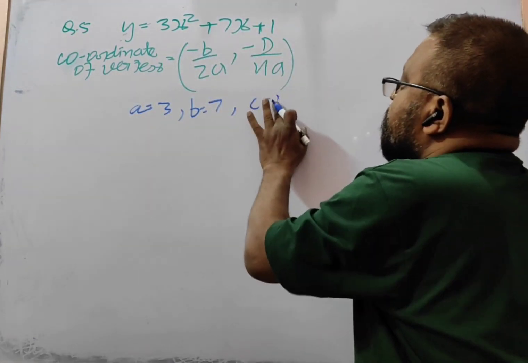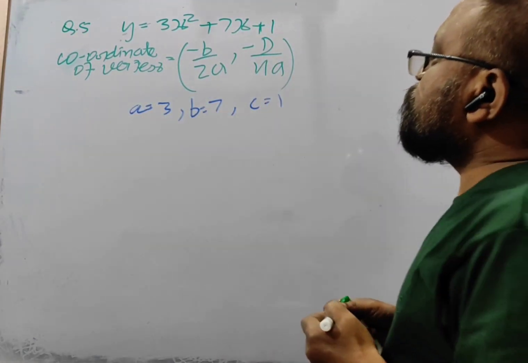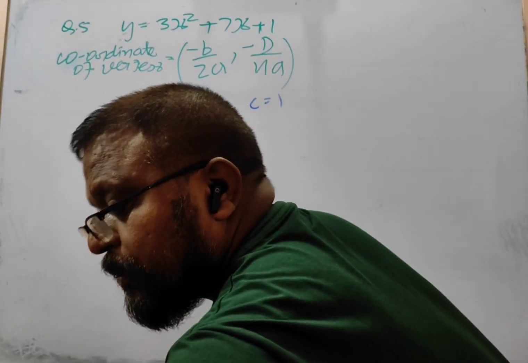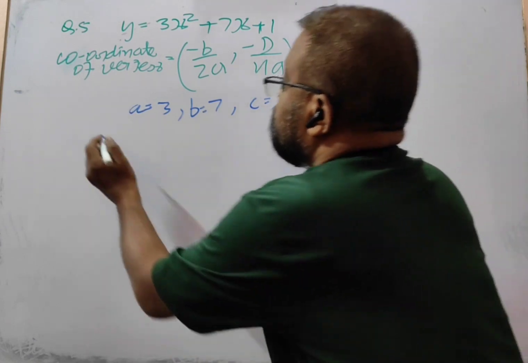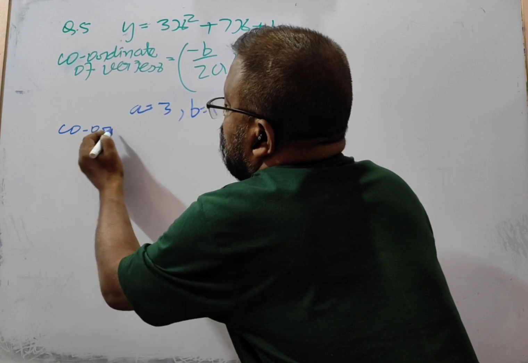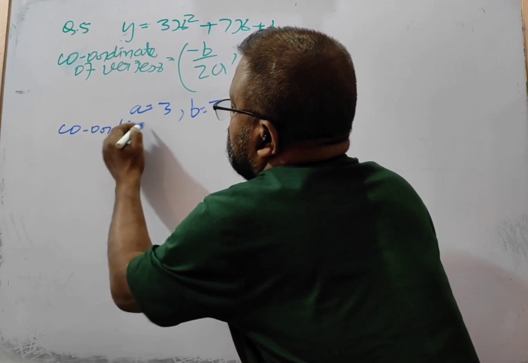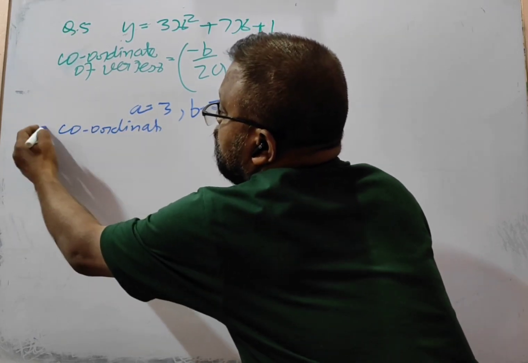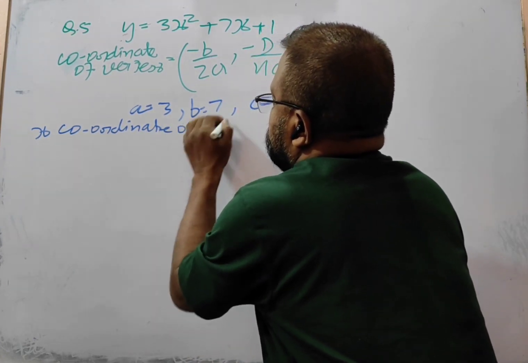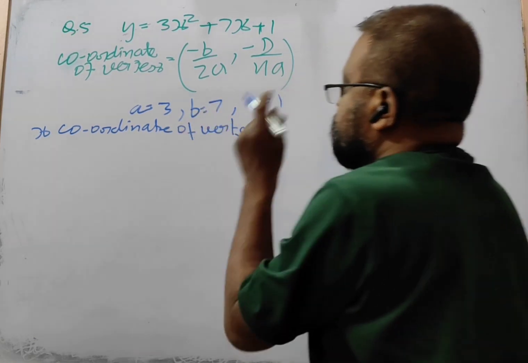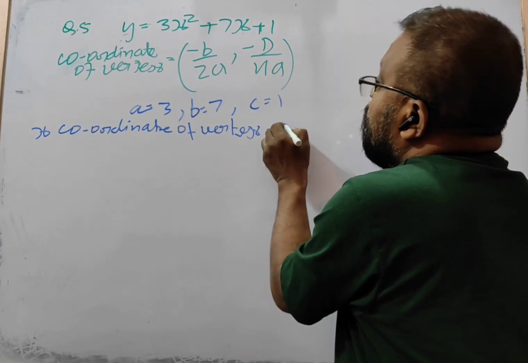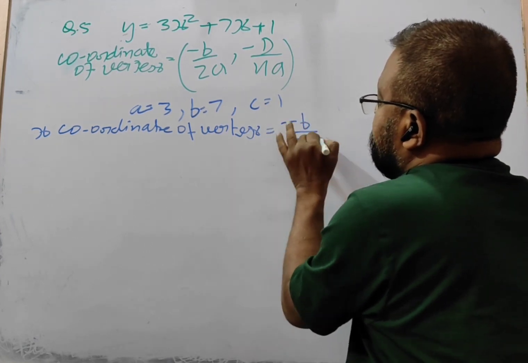So for getting the x coordinate of the vertex, we have minus b upon 2a, right?